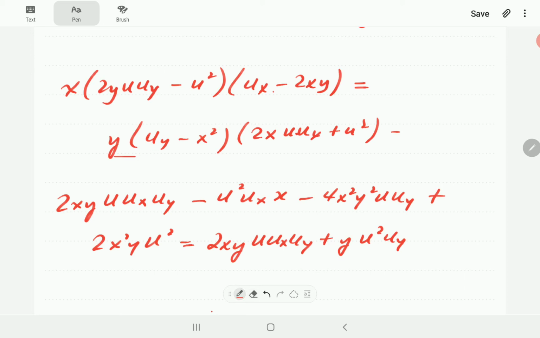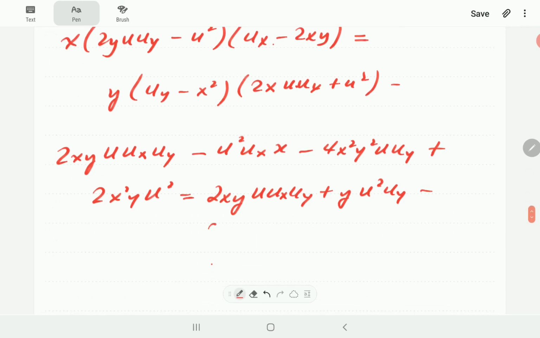We're now multiplying the first and the second. Then we're going to have minus 2x cubed y u ux. So we are multiplying the second term and the first term. And then lastly, we're going to have minus x squared y u squared.